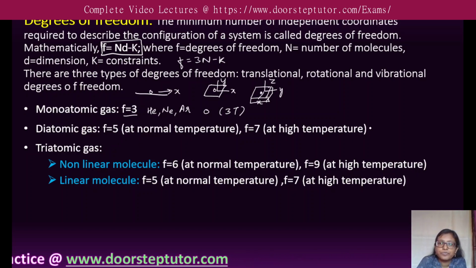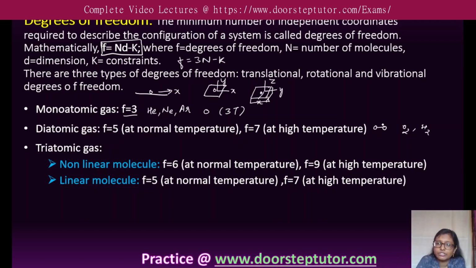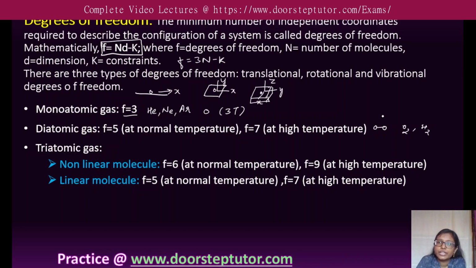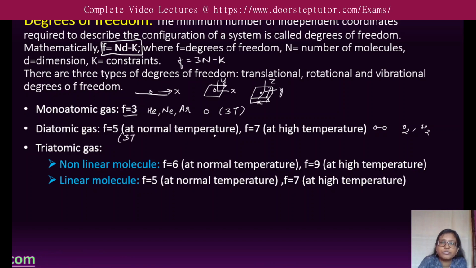Diatomic gases are the gas molecules composed of two atoms. For example, you have oxygen gas, hydrogen gas, okay? So here, the gas molecules can move along all the three coordinates, so they will have three translational degrees of freedom.